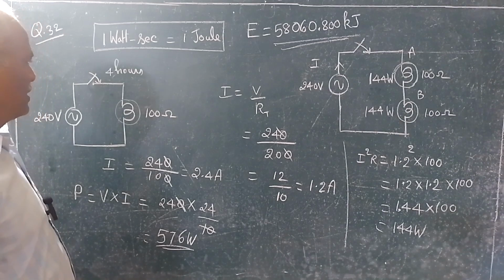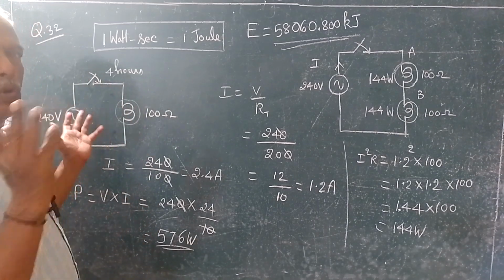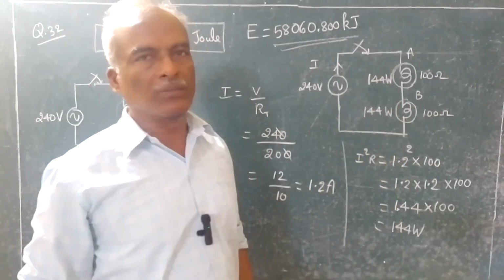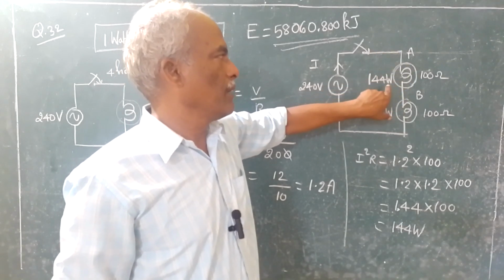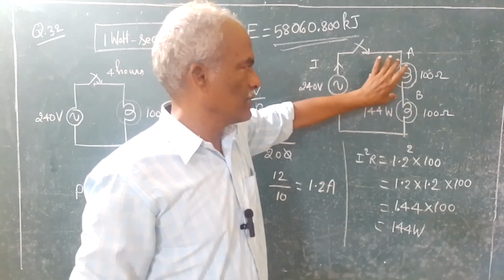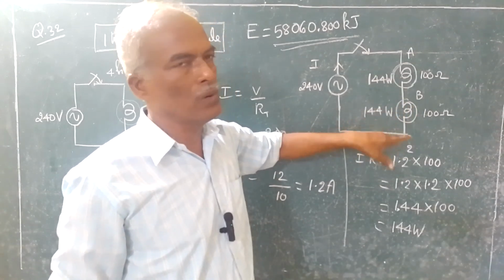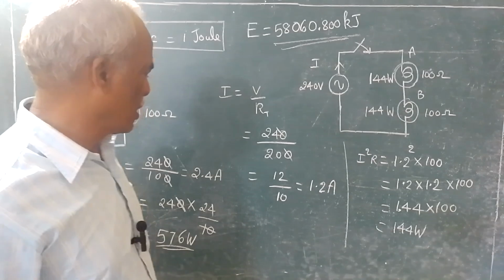Therefore, in case 1, this bulb A will glow brightly, whereas in case 2, since these two bulbs are connected in series, the overall power of bulb A is 144 watt, bulb B is 144 watt. Put together, it is only 288 watt.